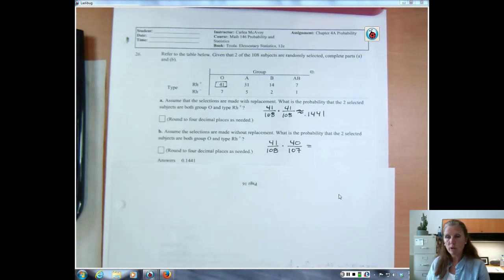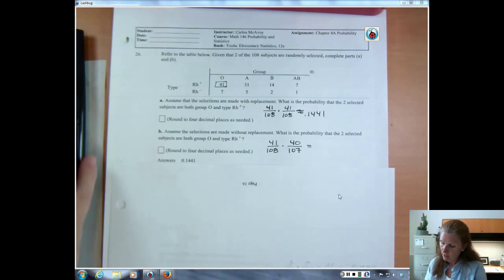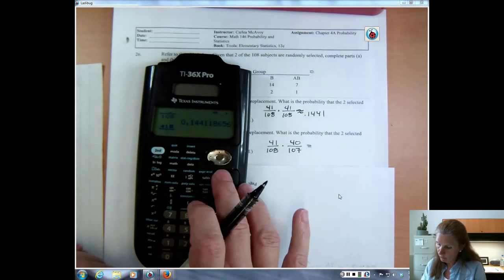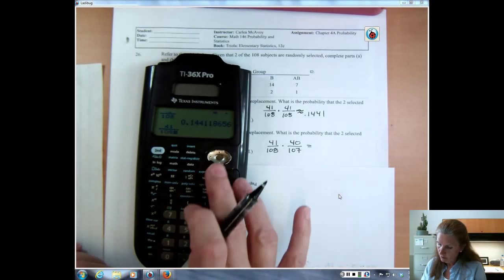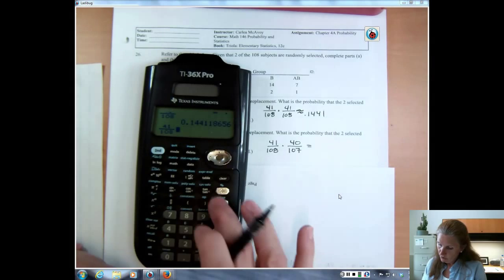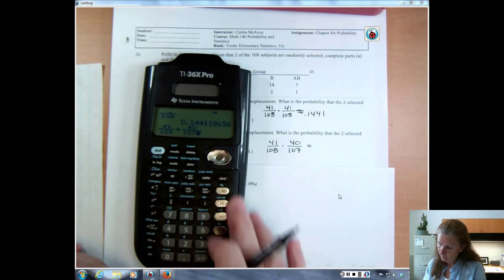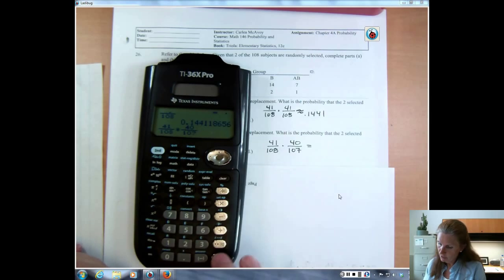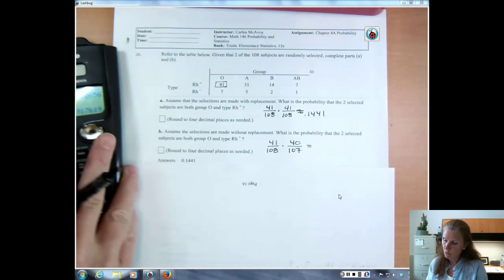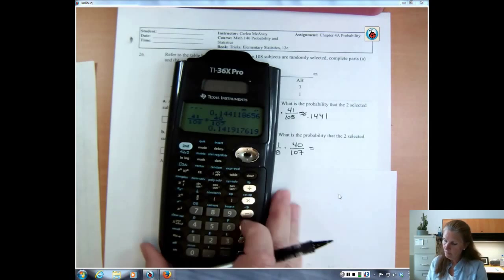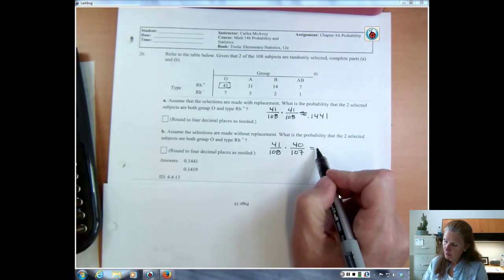So I need to multiply 41 over 108 times 40 over 107. And that gives me approximately 0.1419.